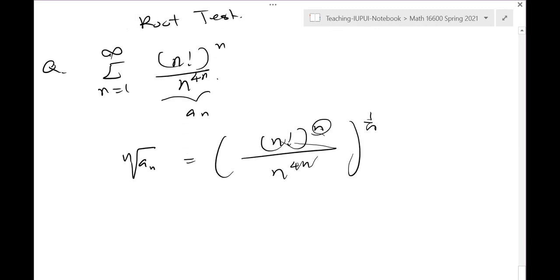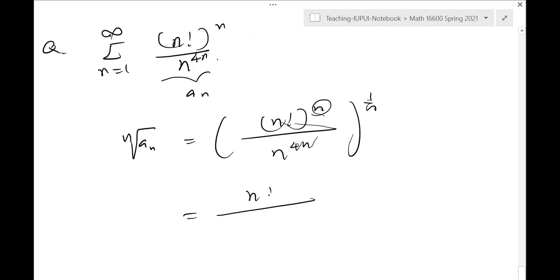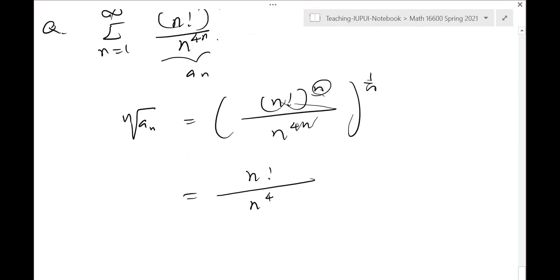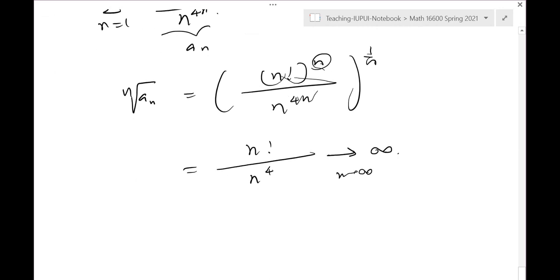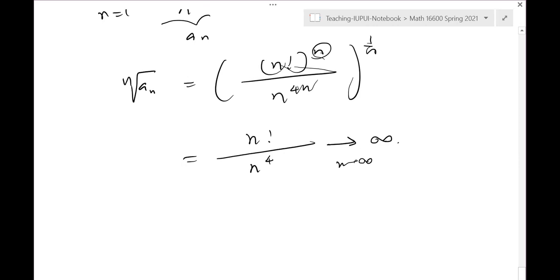Then you get n factorial here. You look at the nth root of n factorial, and it will be n to the 4n divided by n, which is 4. And clearly this approaches infinity as n approaches infinity, because n factorial grows much faster than n to the fourth power.